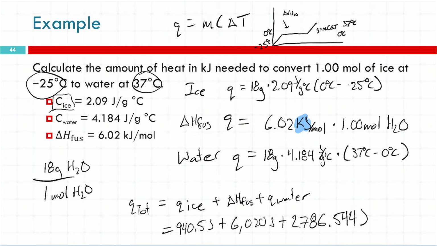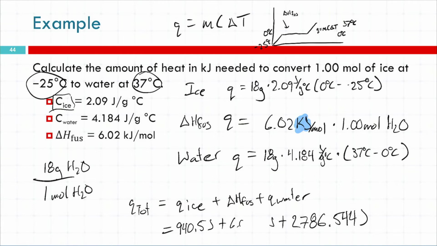Now we'll calculate our Q total. It will be that 2,867 plus 6,020 plus 940.5 for a total of, and now let's consider our significant figures. 6,020, I really should have written this in scientific notation.